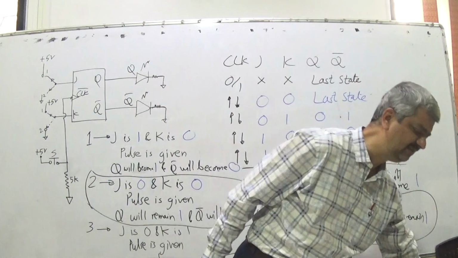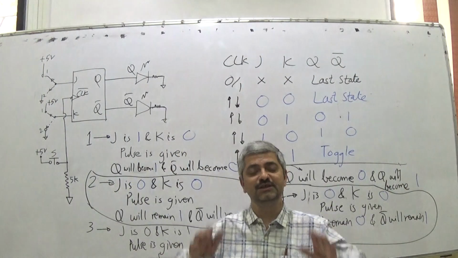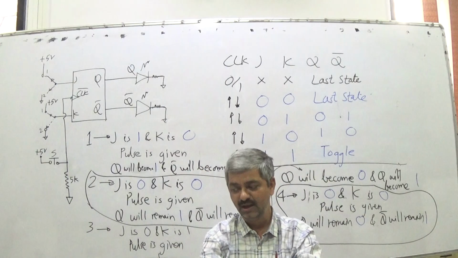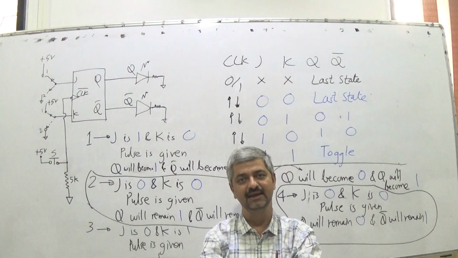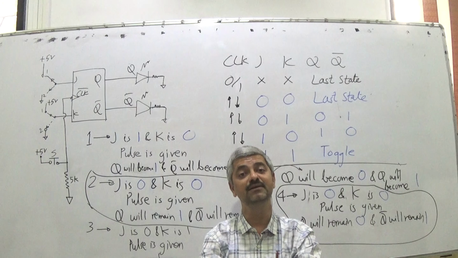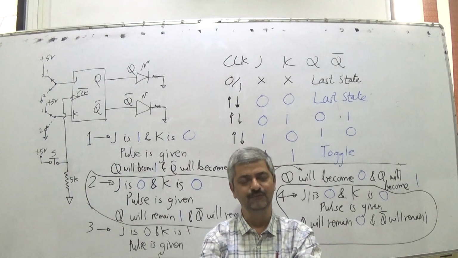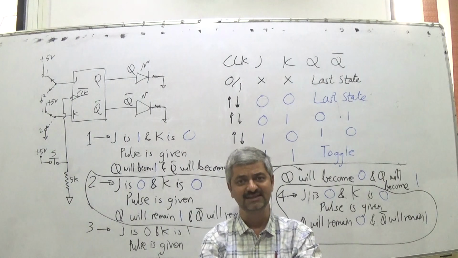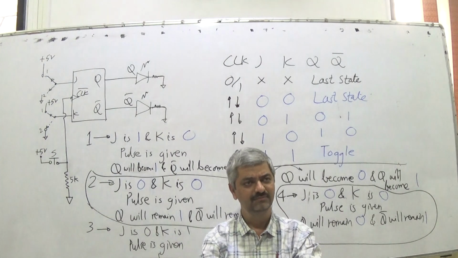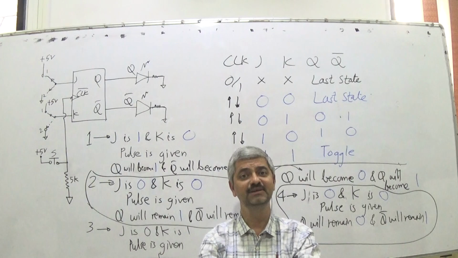Listen very carefully, this is a very fundamental point of the flip-flop. Inputs JK 0 0 and JK 1 1 are not demanding states. Suppose you go to some hotel, there are a few customers who are demanding, they want this and that, and there are a few who just ask, give me something, give me something.